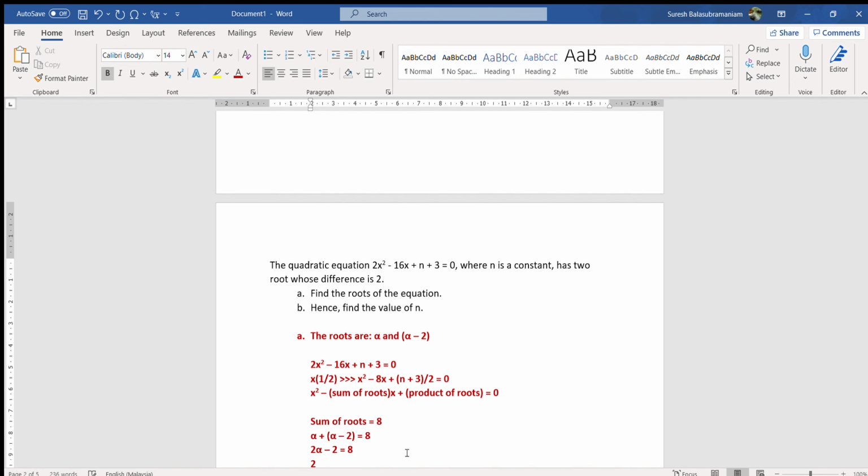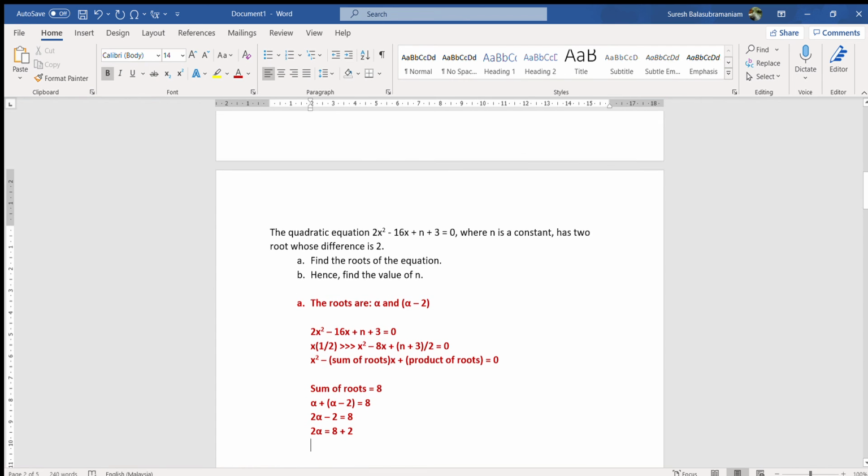So 2 alpha equals 8 plus 2, which is 10. Alpha equals 10 over 2, which is 5. Now alpha is 5. We can find the other root.